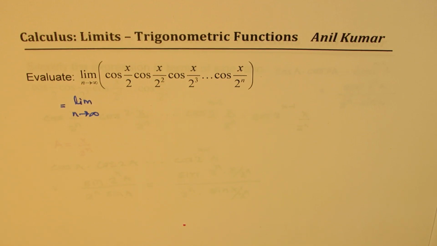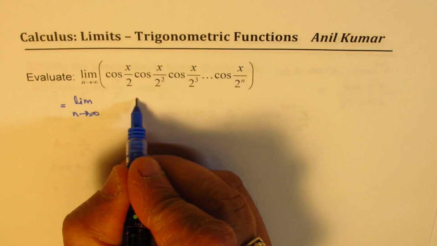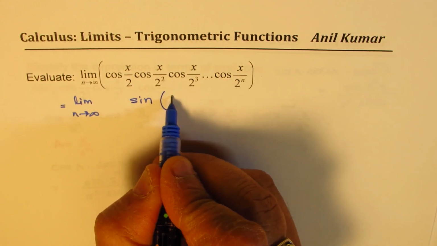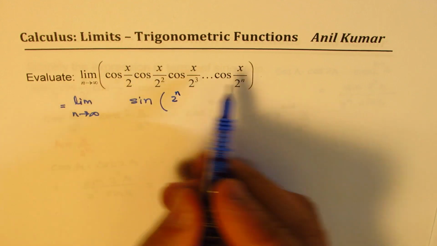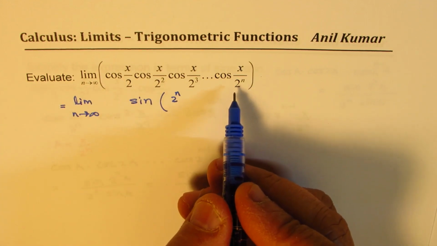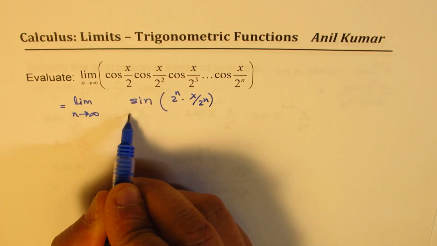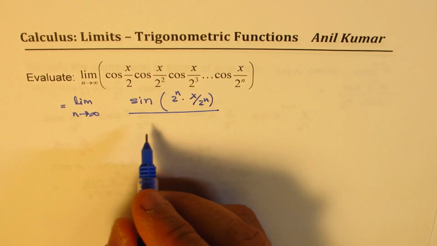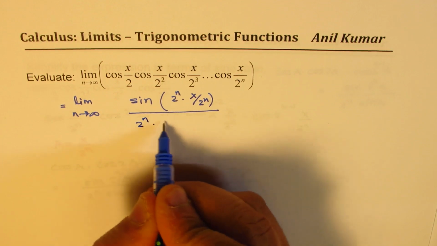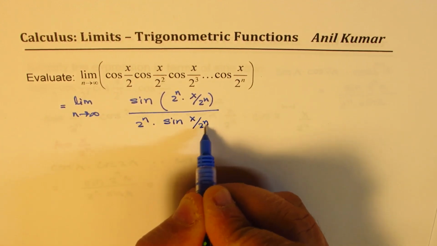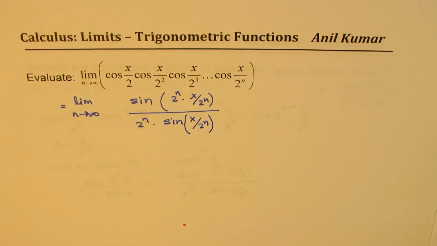So we could write this as sine of 2 to the power of n times x over 2 to the power of n, right? Everything divided by 2 to the power of n times sine of x over 2 to the power of n. Is that clear? Perfect.